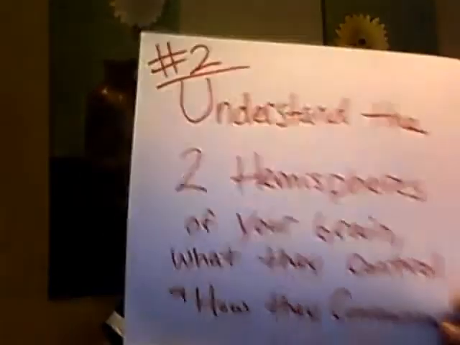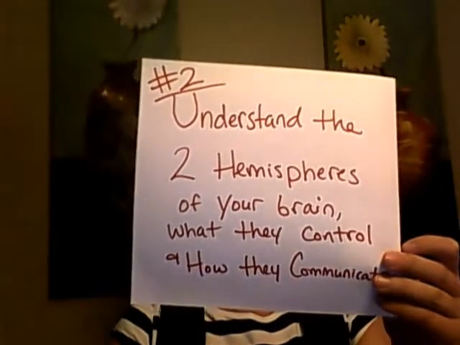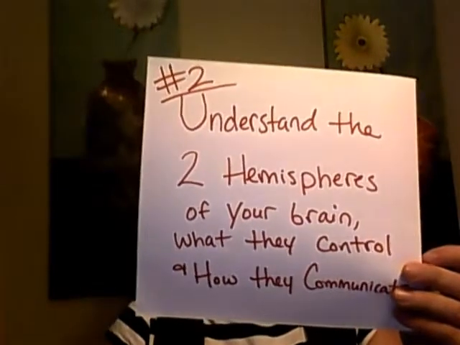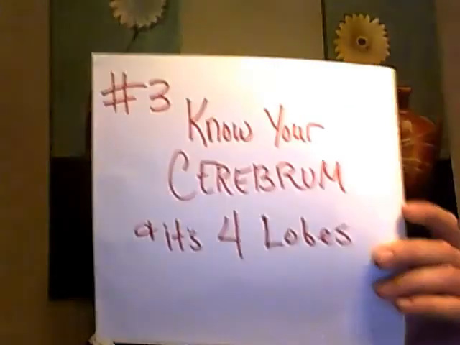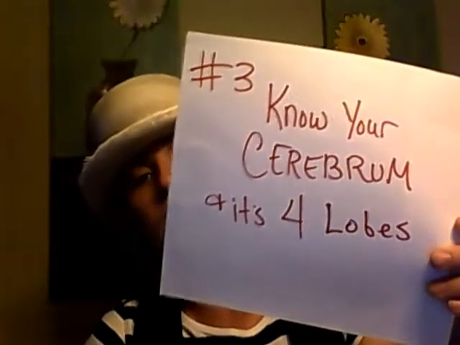Keep those in mind. I'm going to quiz you in a minute. I also want you to understand what the 2 hemispheres of your brain are, what they do, and how they communicate with each other. All important. Number 3, I want you to know about your cerebrum and its 4 lobes.